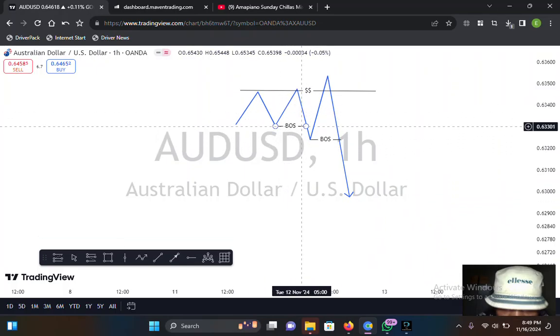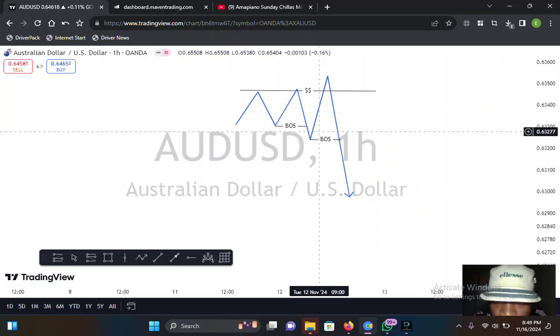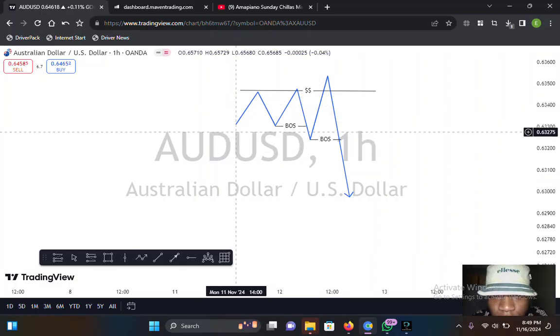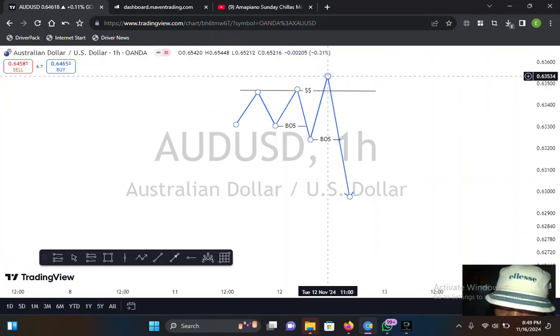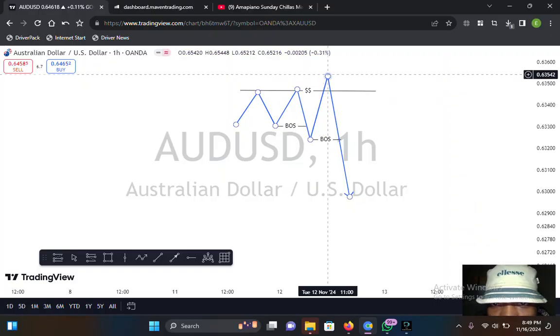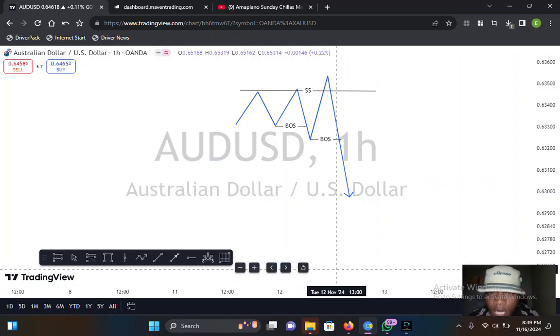Well, we swept this liquidity here, but we were not interested in this lower one. So we are looking forward to sell, right? Liquidity was swept on the upside, price dropped to the downside. Now we are looking to take entries.